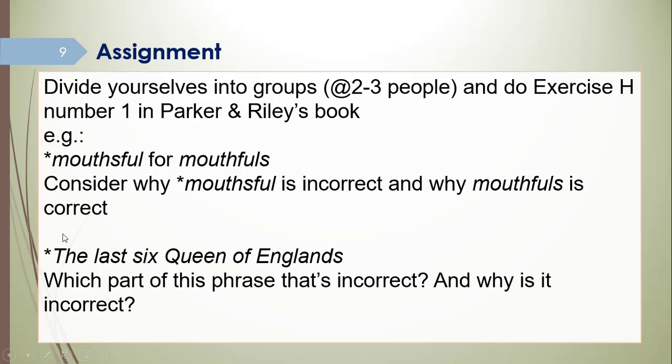And then there is also this question. The last 6 Queen of Englands. Which part of this phrase is incorrect, and why is it incorrect? So this is how you do the assignment, and it will be submitted next week.